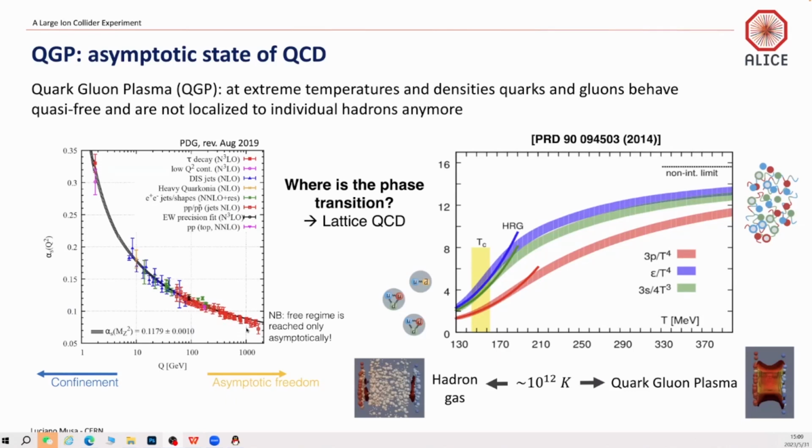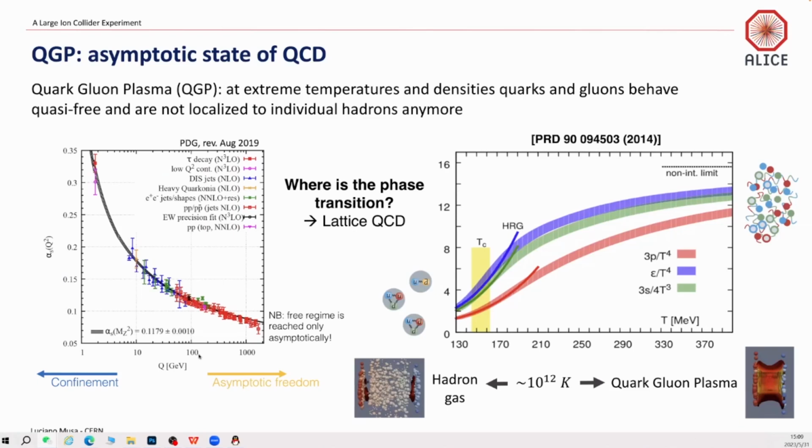For processes involving large momentum transfer between quarks and gluons, the calculations can be addressed via a perturbative approach, right? Where we involve an expansion to higher orders in the strong coupling constant.